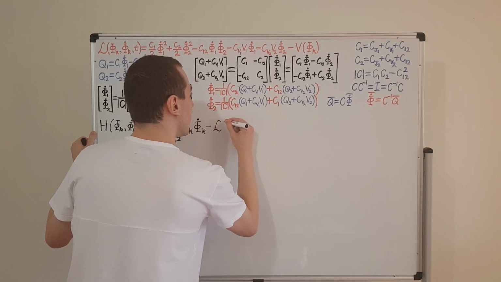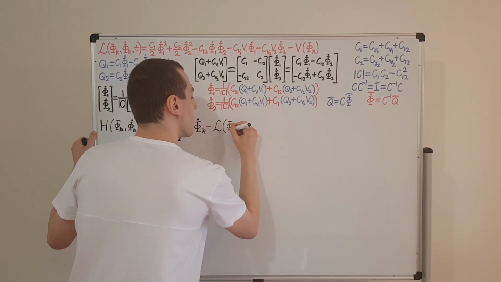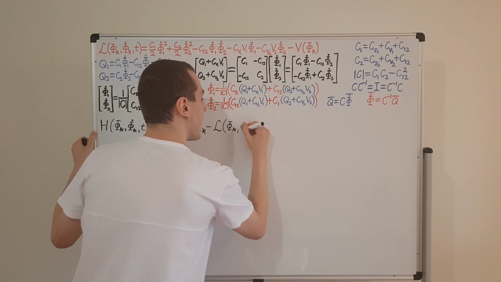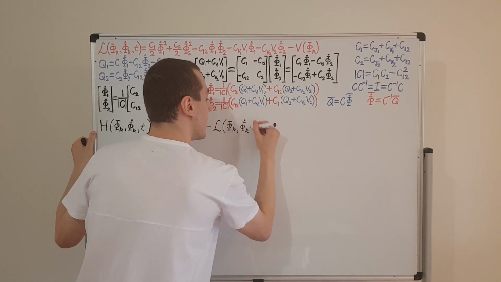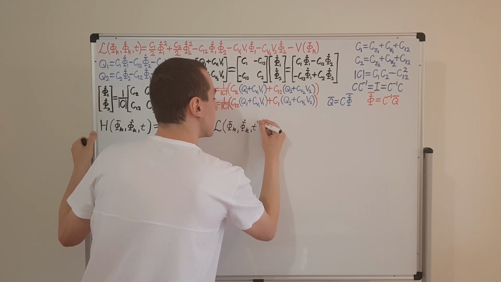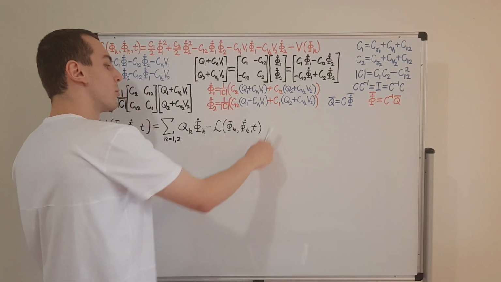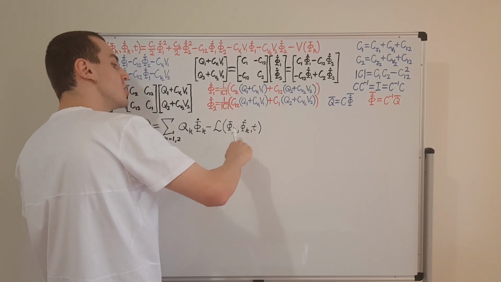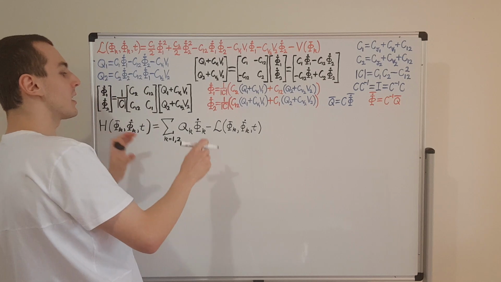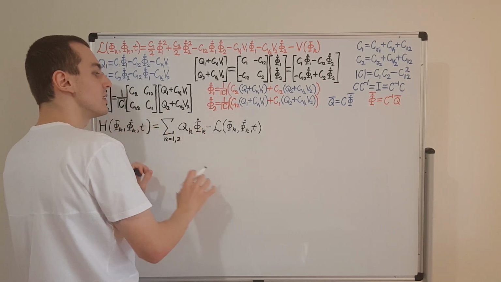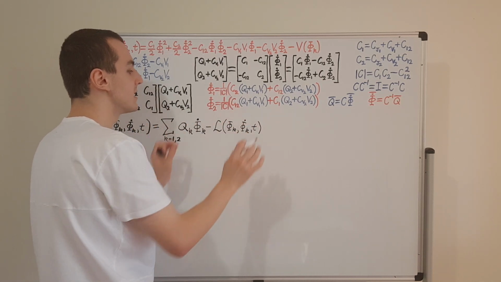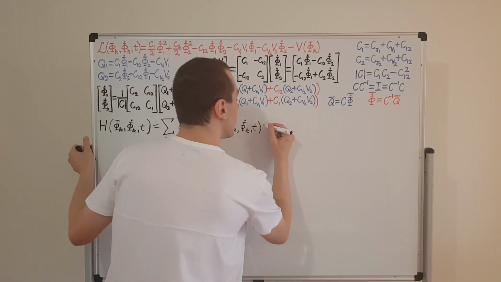And the Lagrangian depends on phi k and phi k dot, and it also has an explicit time dependence. But we can split this Lagrangian into a kinetic energy and a potential energy. So what I'm going to do is split this Lagrangian up into its smaller components. So that's going to look like this.